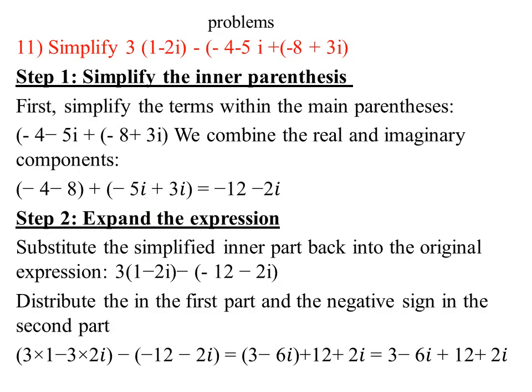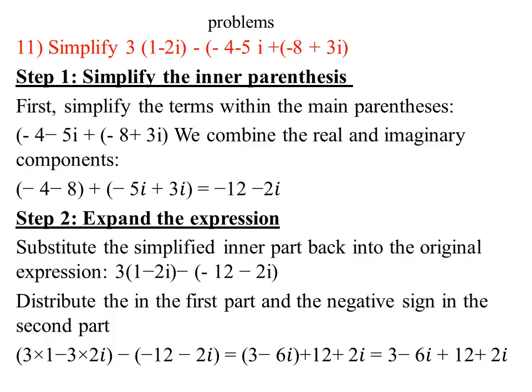Here we have one more problem: 3(1 - 2i) - (-4 - 5i + (-8 + 3i)). Here in step 1 we simplify the inner parenthesis.